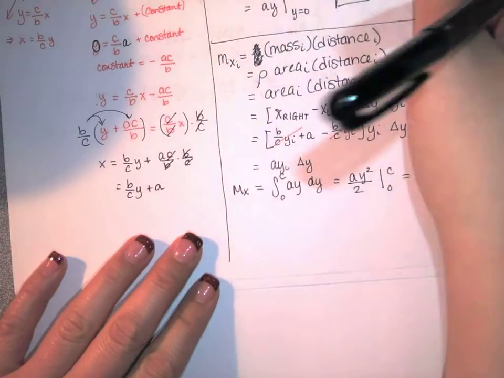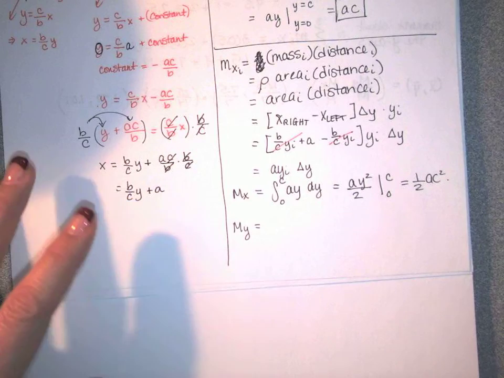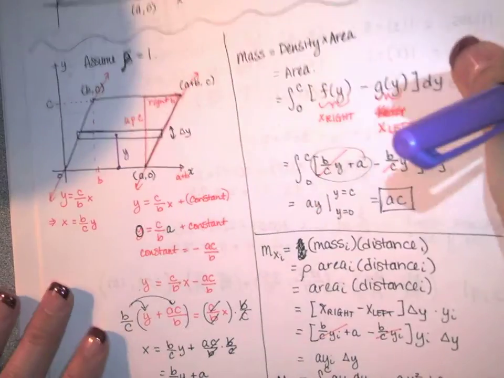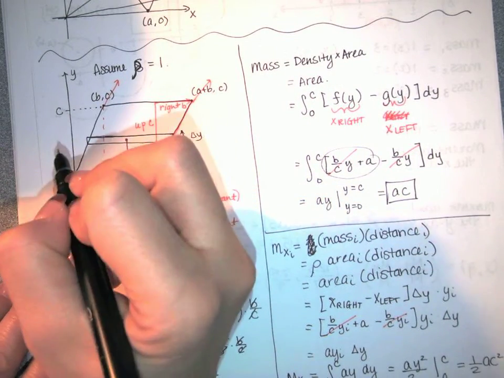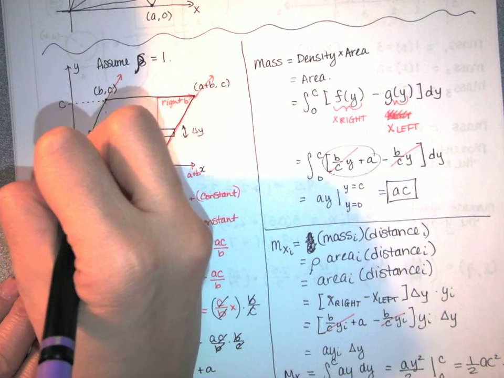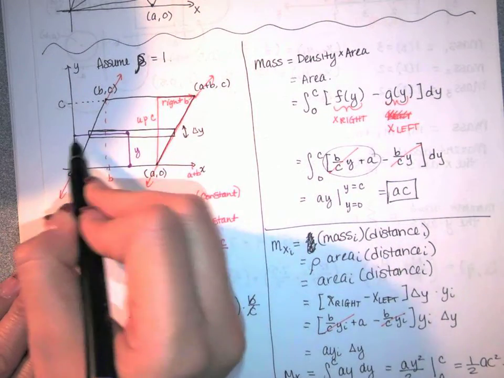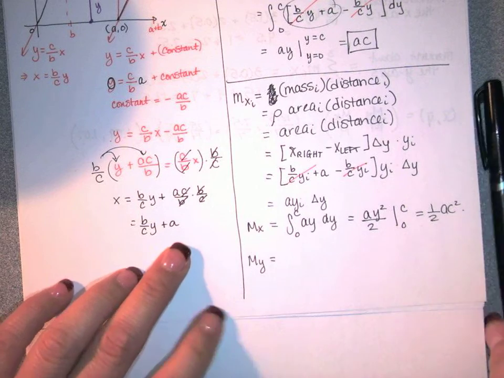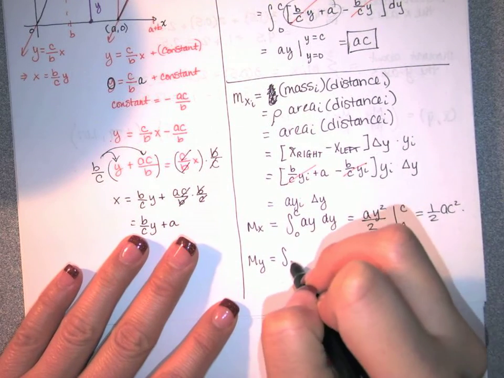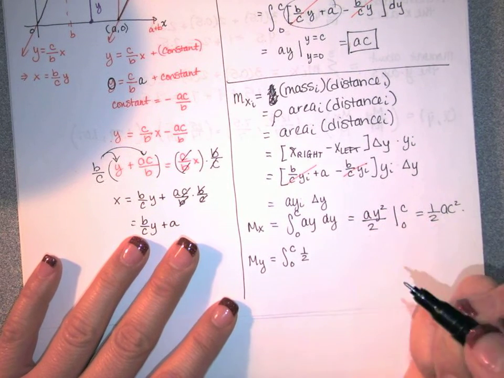Now for the moment about the y-axis, well, we're going to take our mass, which is the same as our area in this case because our density is 1, and we're going to multiply by the distance to the y-axis. The distance to the y-axis is the average x value. So the formula for that is going to be the integral from 0 to c of 1/2.